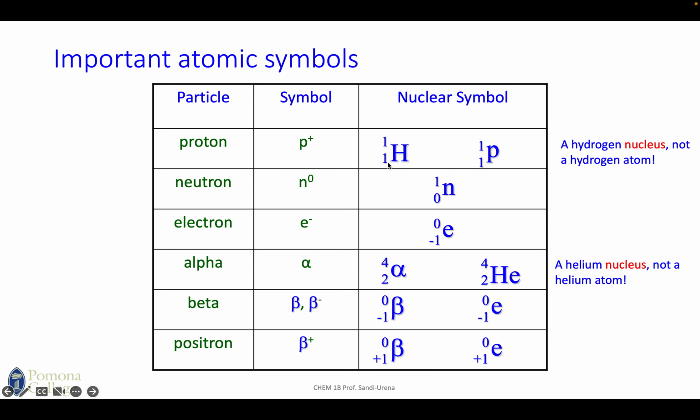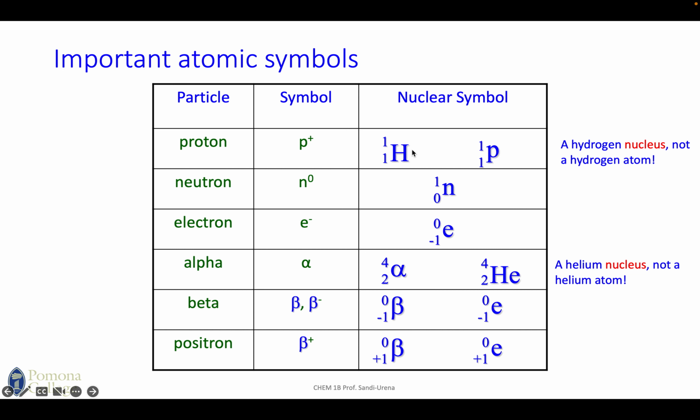So the number of protons would be the atomic number, in this case 1, and the number of neutrons would be given by the difference between the mass number and the atomic number. In this case, the number of neutrons is 0 because the atomic mass is 1 and the atomic number is 1. So we can represent it using the H, or we can represent it using a P. And we show atomic mass and atomic number.